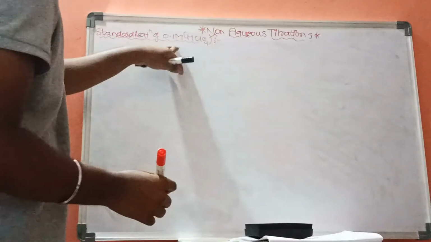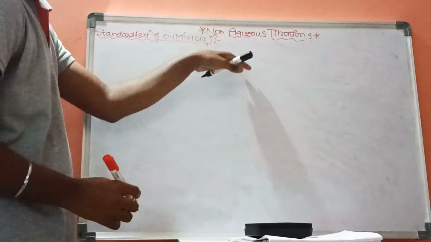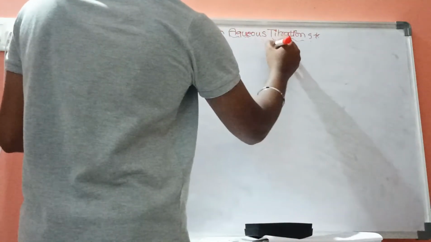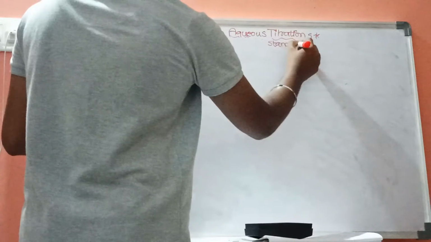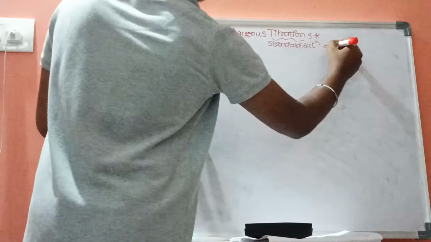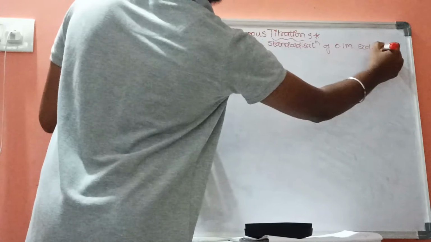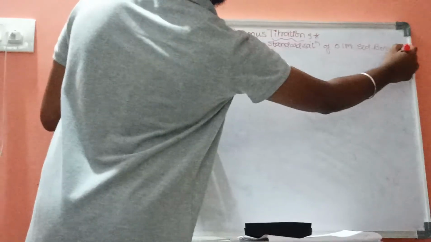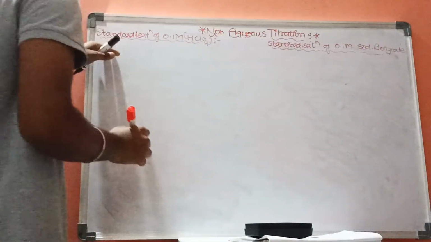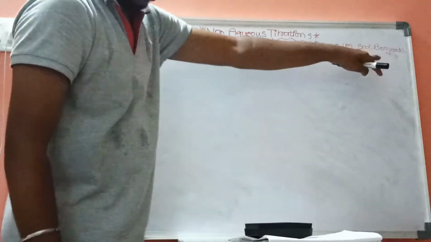Let us discuss one more topic simultaneously with this, that is standardization of 0.1 molar sodium benzoate. First one is standardization of 0.1 molar perchloric acid, then standardization of 0.1 molar sodium benzoate.